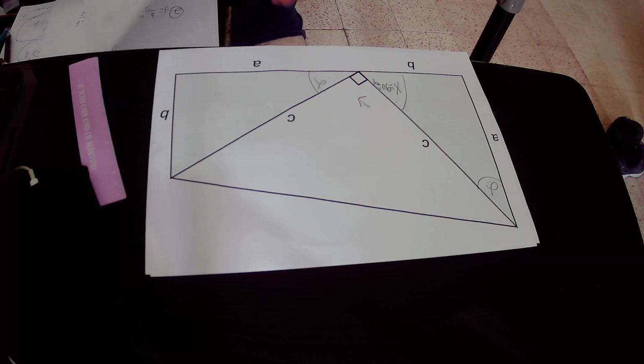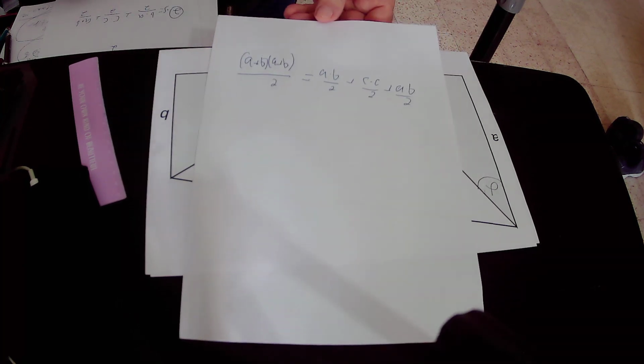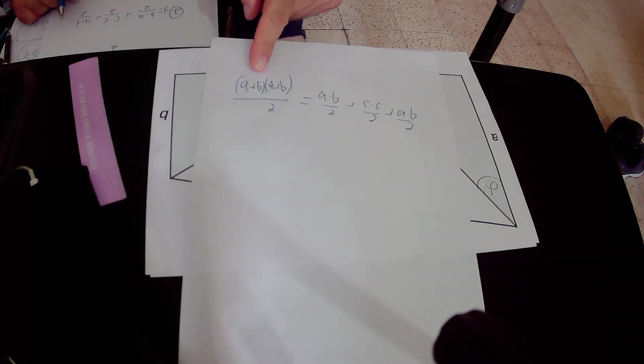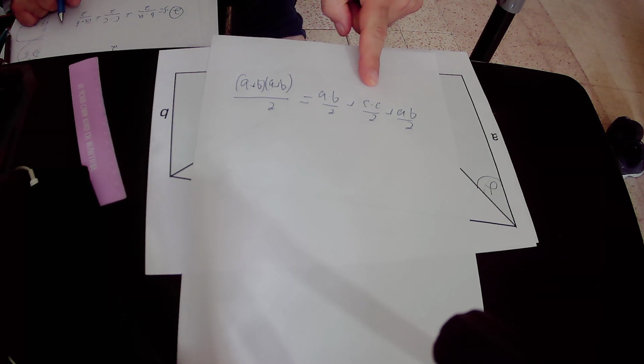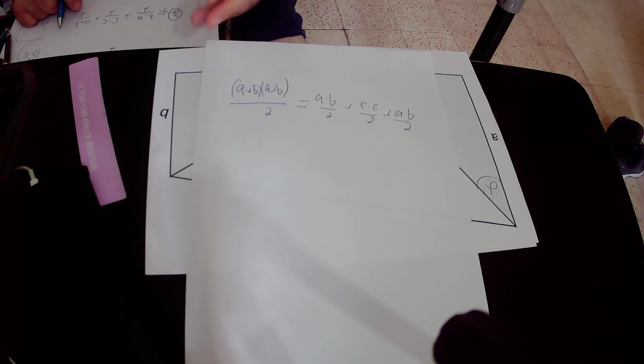Okay? The first expression equals the second expression, that is the area of the trapeze in two different ways. So they are equal to each other.